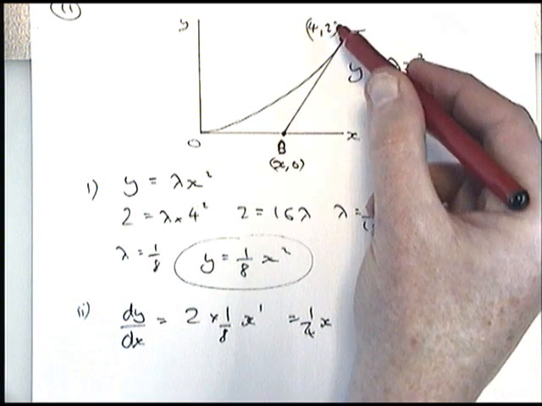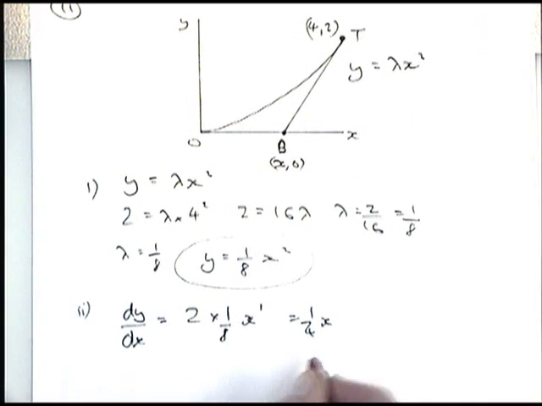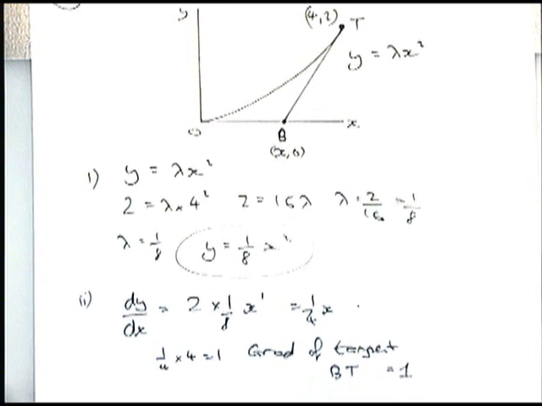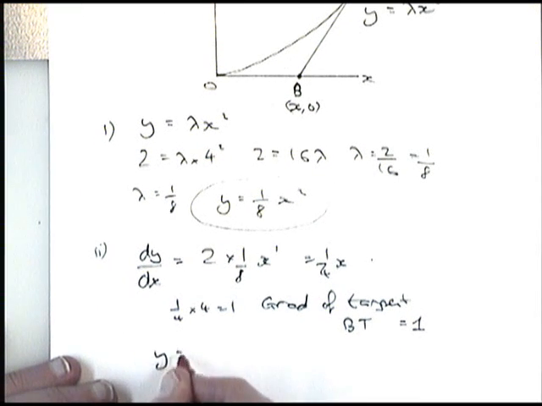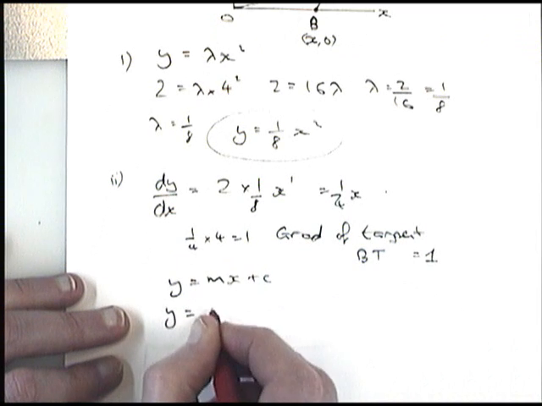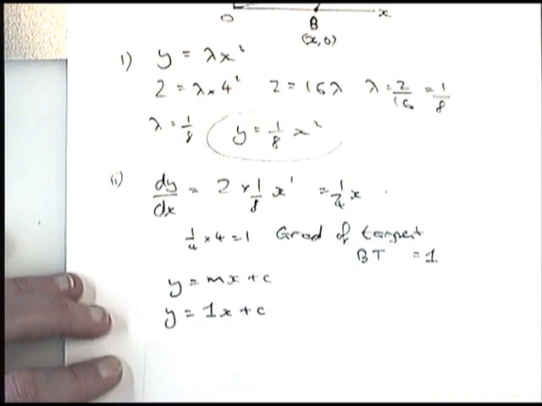Well, at that point, x is equal to 4. So if we do a quarter of 4, we get 1. So we know the gradient of that tangent, which is the gradient of the line BT, is 1. So we know then the equation of that line, BT, equation of a line y equals mx plus c, the gradient of 1, so it's 1x plus c.